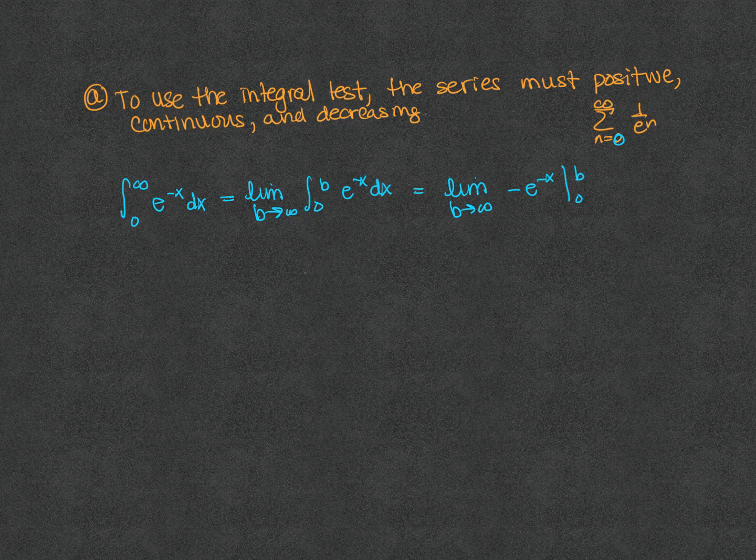Then we're still going to plug in the endpoints just like you would. So negative e to the negative b plus e to the 0. And you really want to think of this as negative 1 over e to the b. As b goes to infinity, this is going to infinity, so this whole ratio is going to 0, which means this is going to 1. Now, since this is finite, we know that it converges.